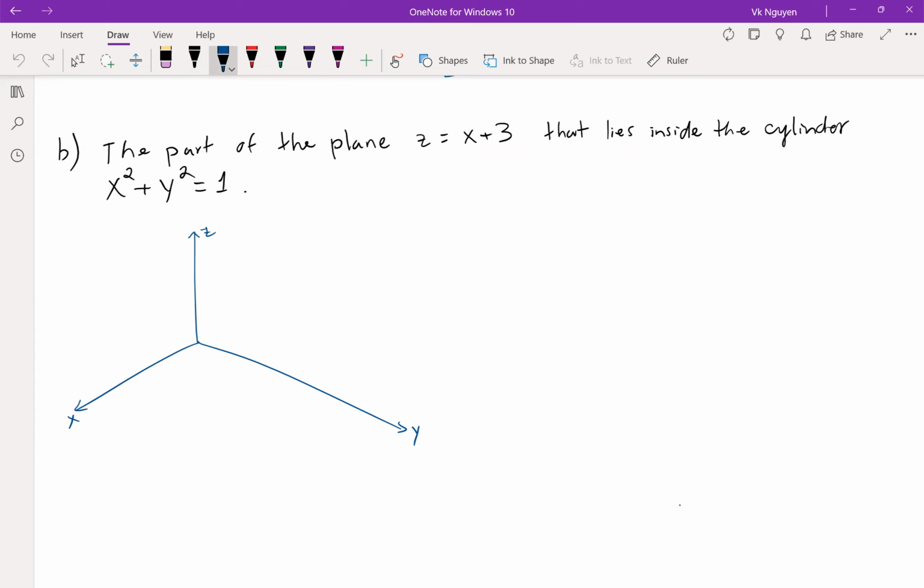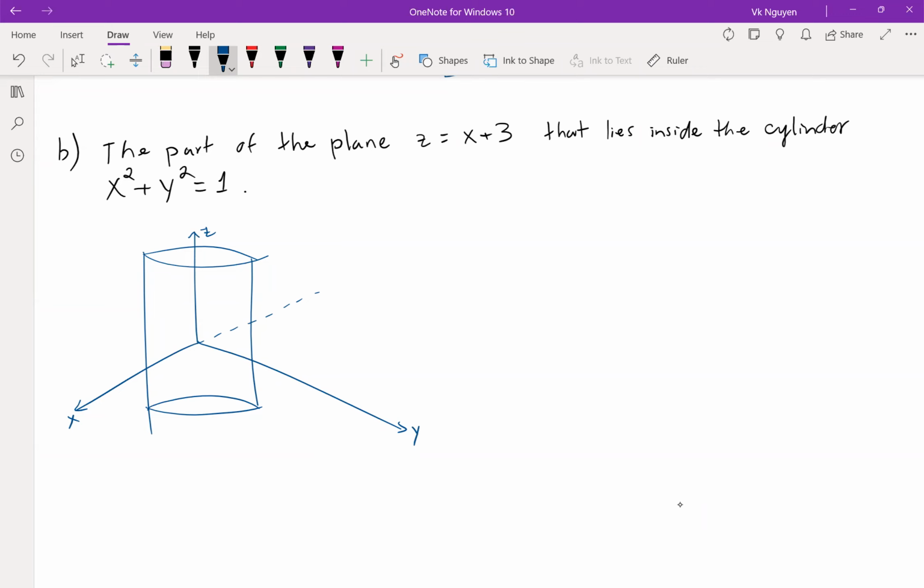Okay. First thing is that we have a cylinder, a little bit bigger. The plane is going to cut this cylinder. So the next step is that we're going to have a plane that's going to cut this cylinder. The intersection is going to be at x equal 0, z equal 3.